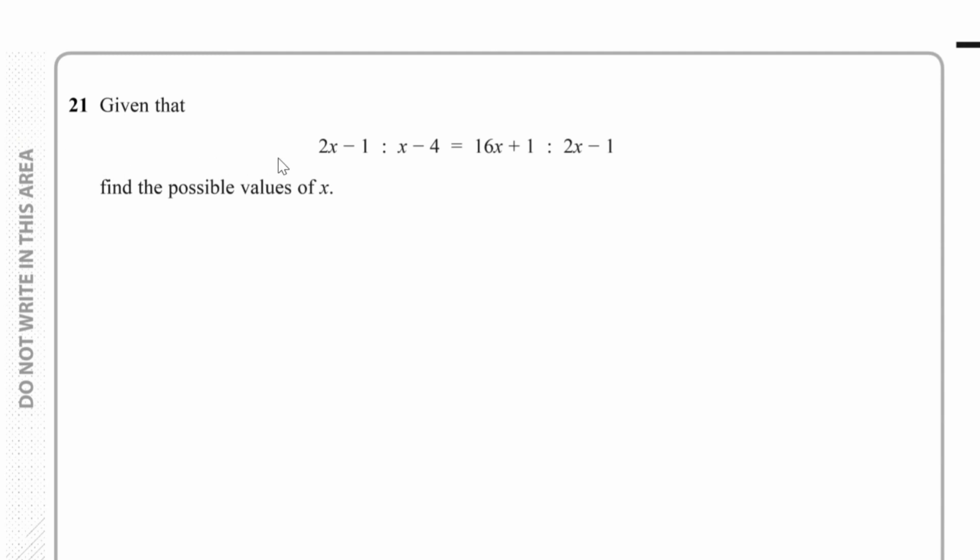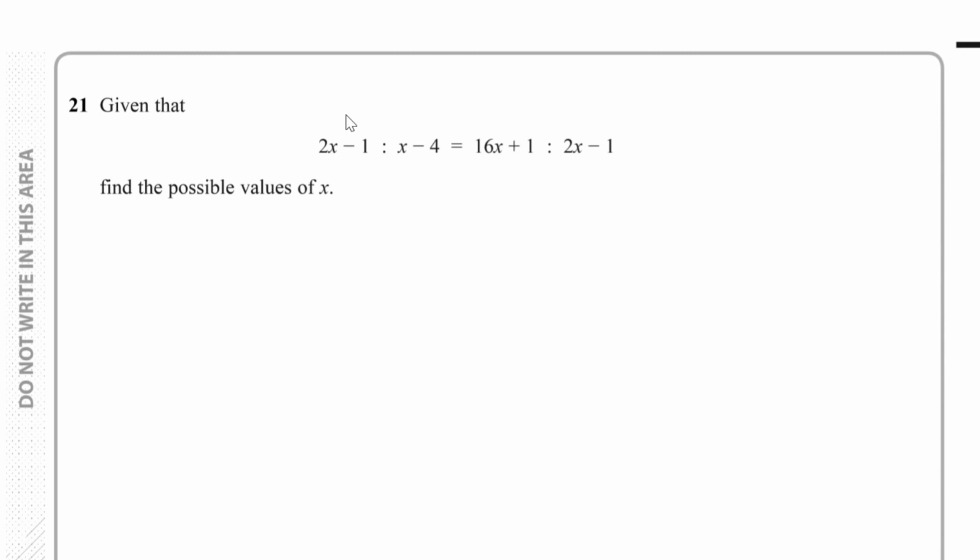Question 21. Given that 2x minus 1 to x minus 4 is equal to 16x plus 1 to 2x minus 1, we have to find the possible values of x. Well, here, what we can do is form an equation.